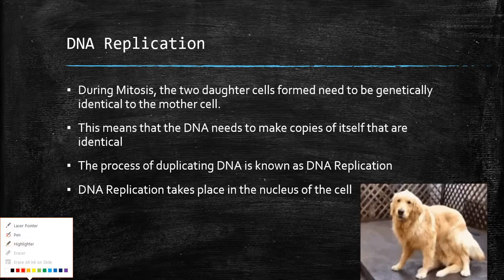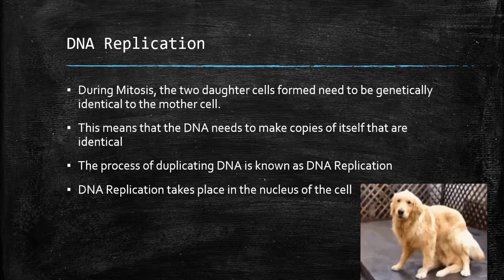All right, so during mitosis, we've spoken a little bit more about mitosis. It's where we're creating two daughter cells that are genetically identical. Okay, so if you had your old skin, it should look exactly the same as the new skin. So that's basically what genetically identical means. Then the two daughter cells that are formed should be genetically identical to the mother cell.